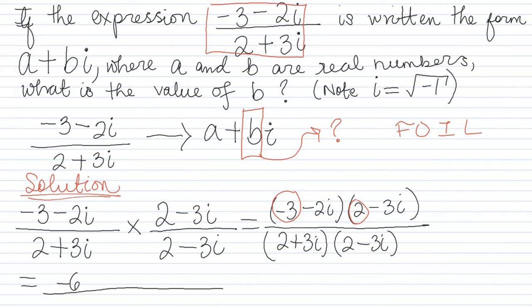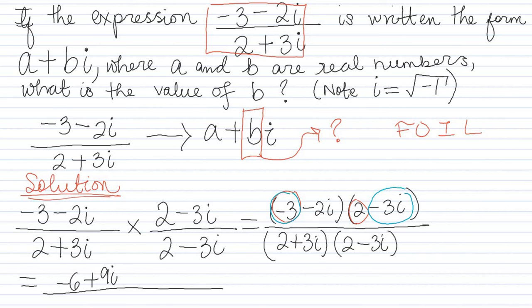And then you have the outers, which is what is outermost. In this case, it's -3 and -3i. So we have -3 times -3i, that's positive 9i. And then you have the inners, which is what is innermost when you look at both of the brackets.